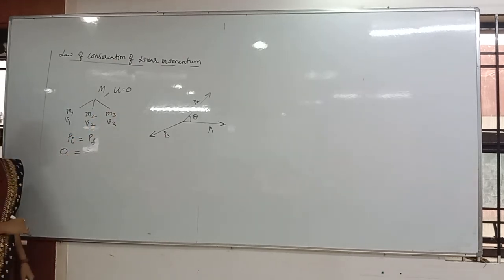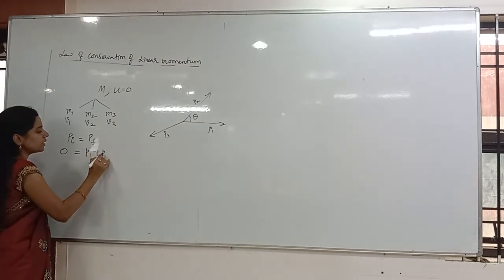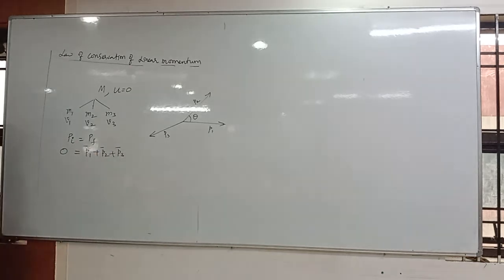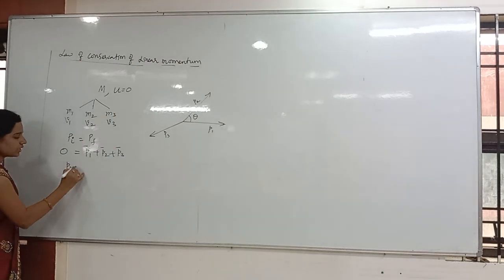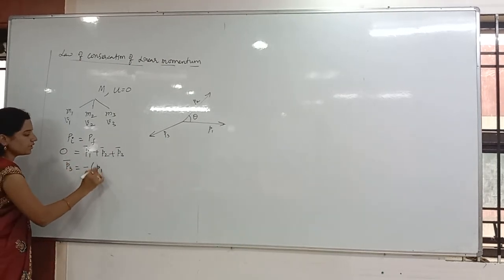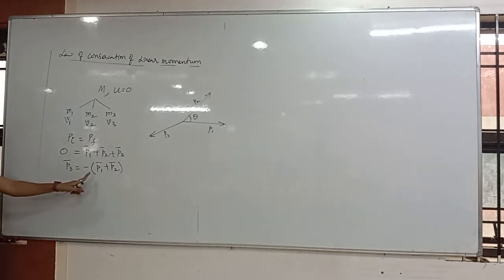After explosion, there are 3 pieces, so we get P1 plus P2 plus P3. We take vectors because we don't know the directions. Then P3 bar is equal to minus of P1 bar plus P2 bar. This is the answer.